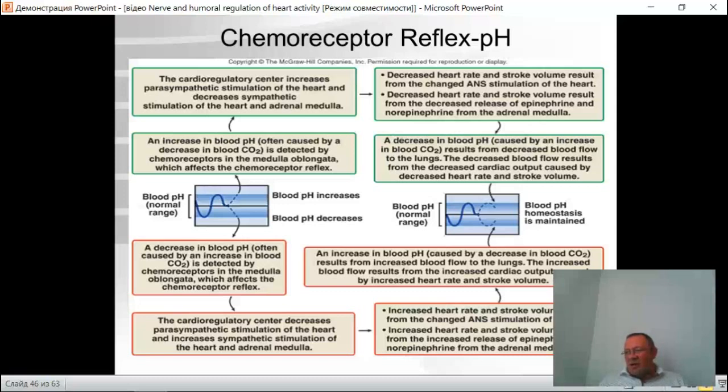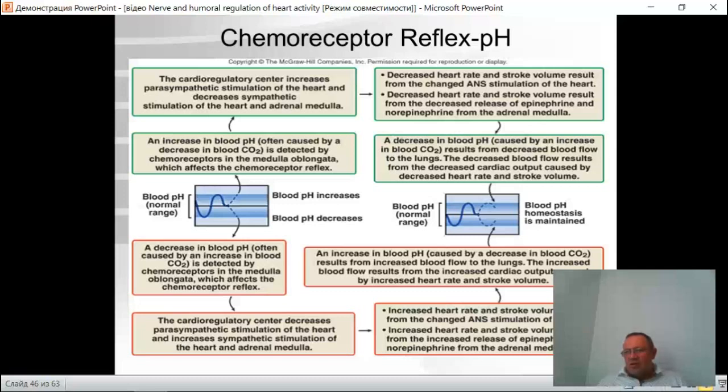decrease in blood pH results from decreased blood flow through the lungs. The decreased blood flow results from the decreased cardiac output caused by decreased heart rate and stroke volume.